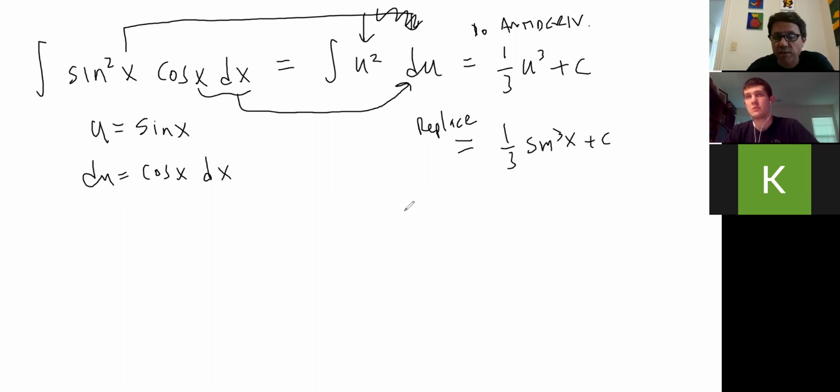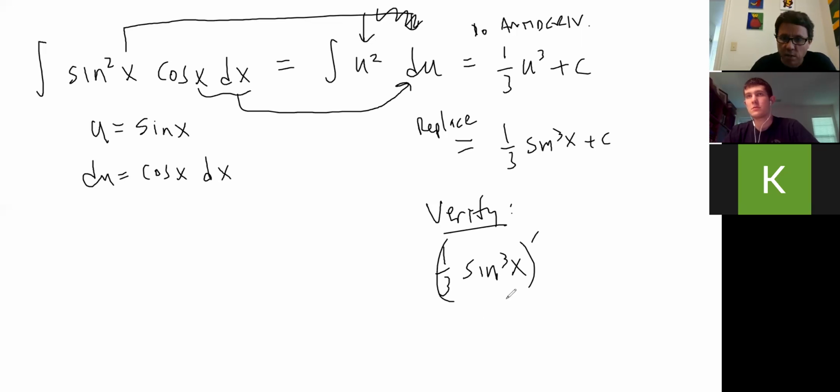So you can see that in order to verify the answer, I take the derivative of my answer. And in order to do this, you have to do the chain rule because you've got a cube function, but inside of the cube function, you have a sine. Whenever you have one function inside of another, what's called composition, you have to use the chain rule.